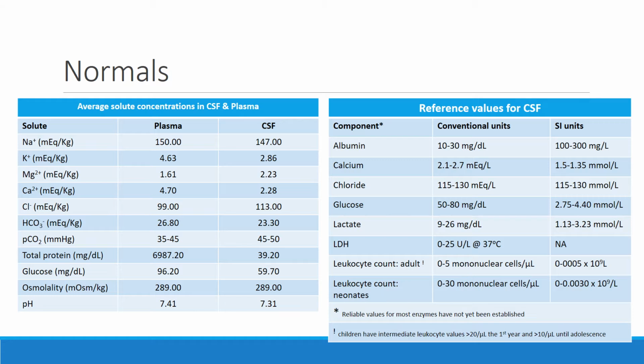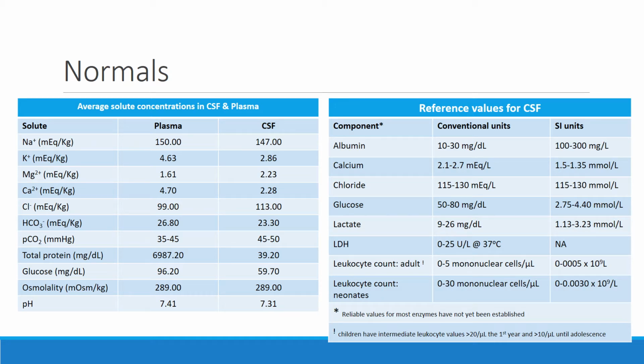So figuring out average solute concentrations in CSF and plasma: plasma is pretty easy. We can go around and take blood from people, no problem. People even don't mind doing it for science. CSF is a totally different thing. It would be really disreputable of us to go around doing lumbar punctures on patients who are perfectly healthy just to see, let's see what your sodium level is.